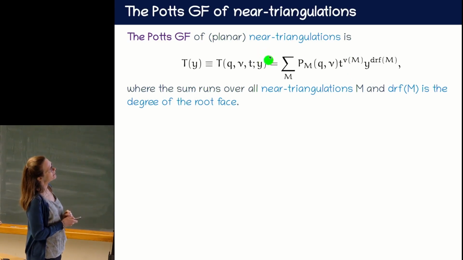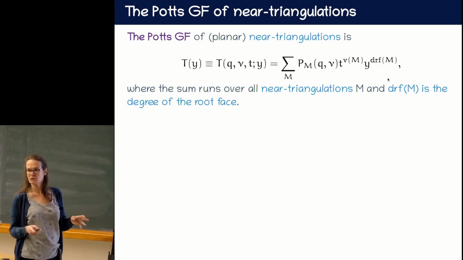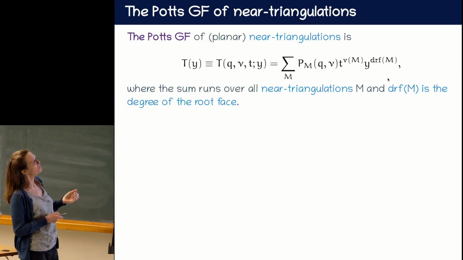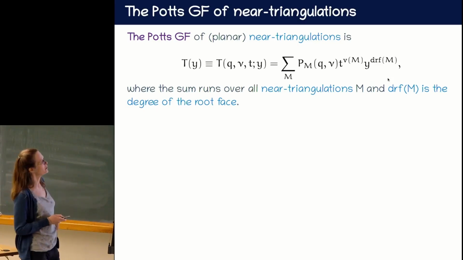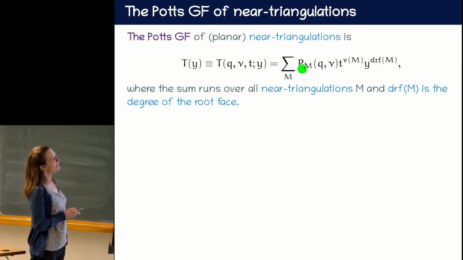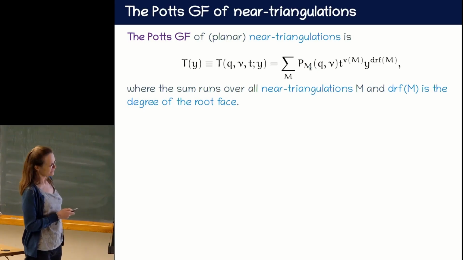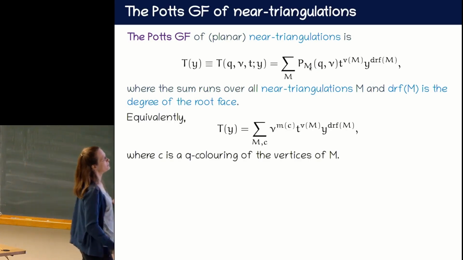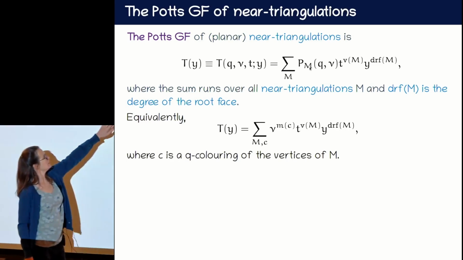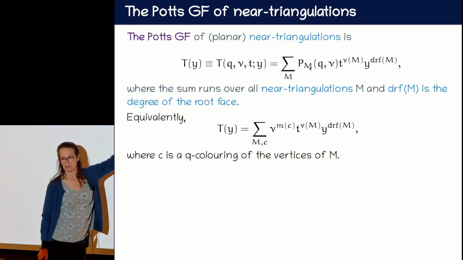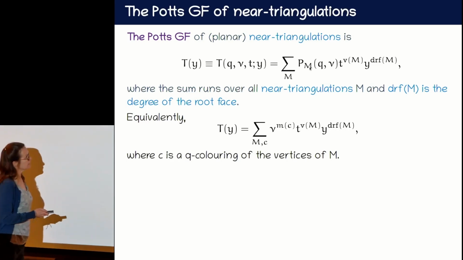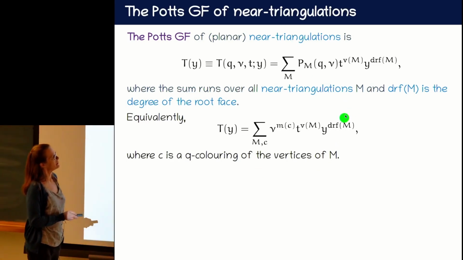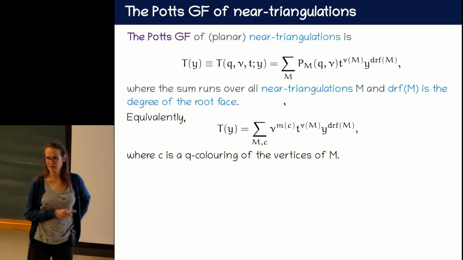There's an additional variable y that records the degree of the root face, the outer face, which may not have degree 3 since we just have near triangulations. And here you have this Potts polynomial. You can see this just as a counting problem, where you would sum over all near triangulations and vertex colorings. And in addition, you have this weight nu per monochromatic edge.